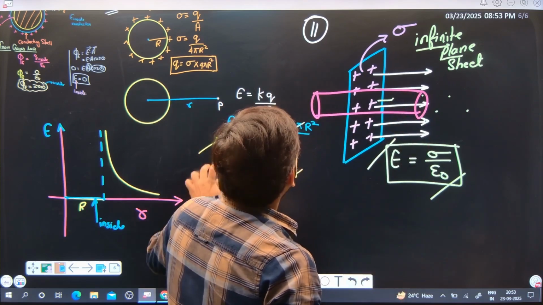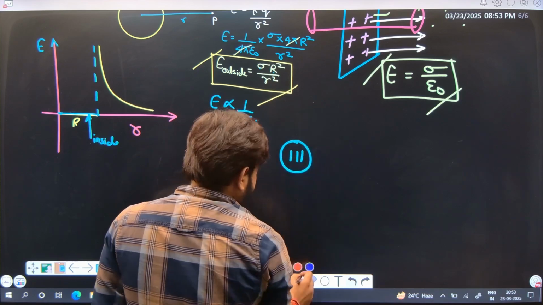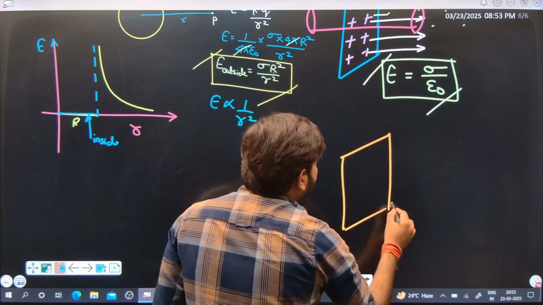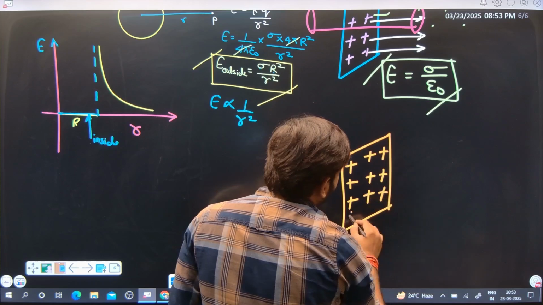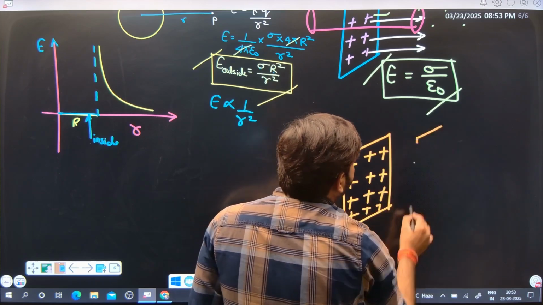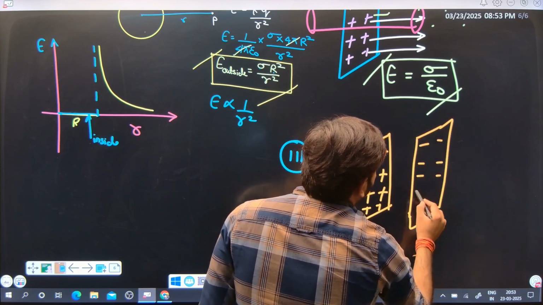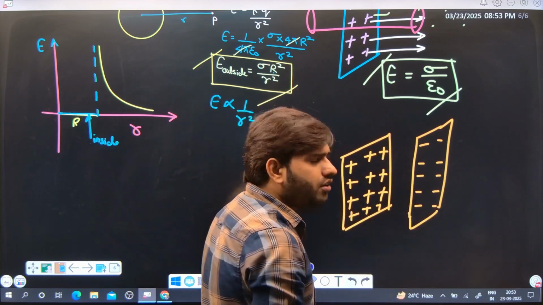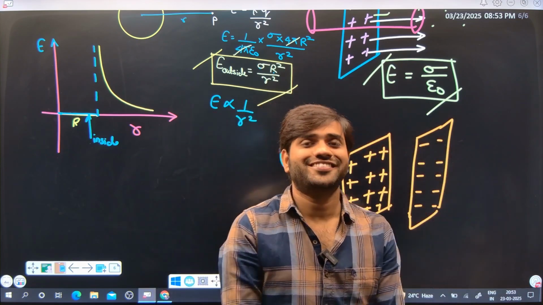Someone asked me, what if I make one plane sheet like this and one plane sheet in front of this, both having equal surface charge density, and the polarities of the charges are opposite?